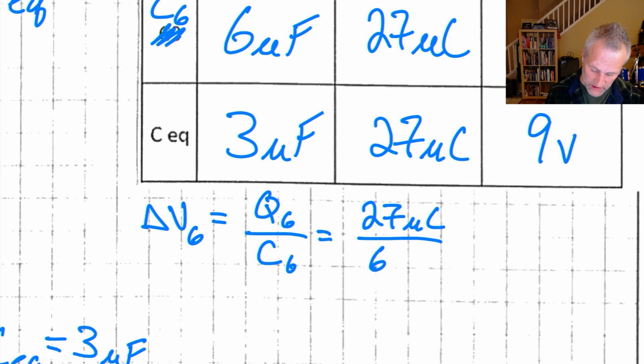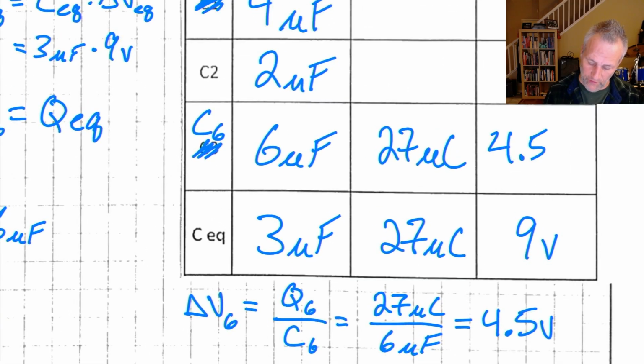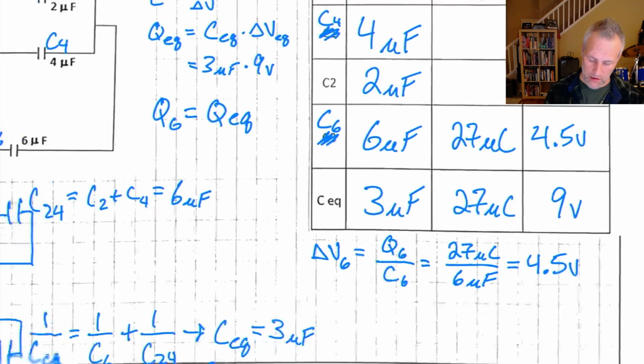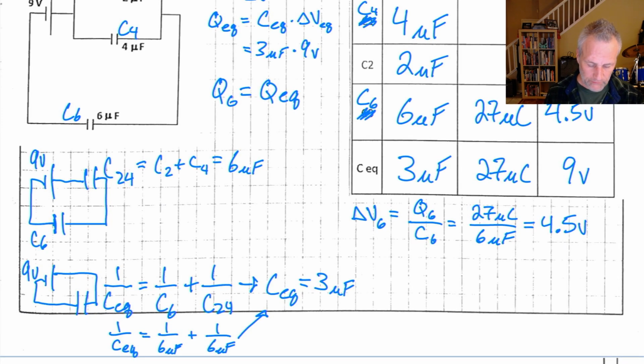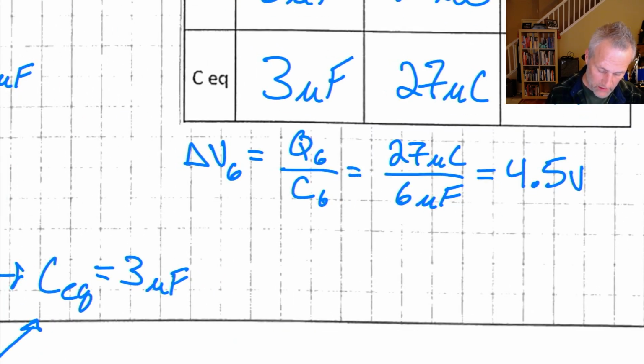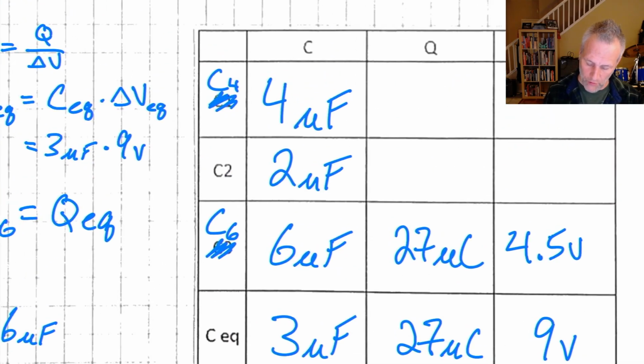C6 is 6 microfarads. And when you work that out, you get 4.5 volts. That 4.5 volts goes here. And as soon as I know that's 4.5 volts, I know that V6 plus V4 is going to equal the volts of the battery, 9 volts. So if this is 4.5, both of these also have to be 4.5.